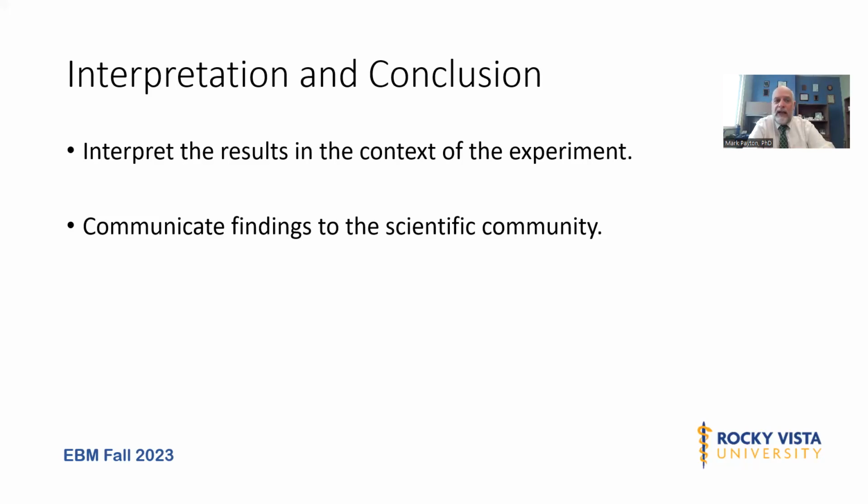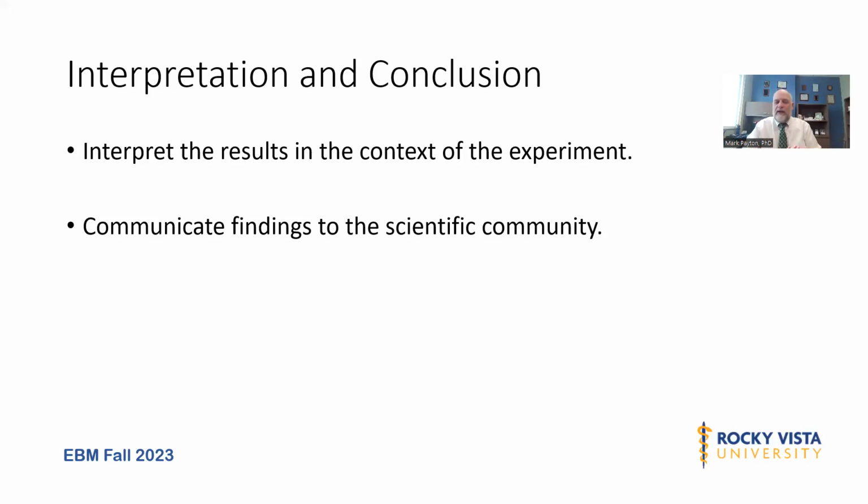All right, so then we have the interpretation and conclusion. And so we would interpret the results in the context of the experiment and communicate findings to the scientific community. All right, so again, the results in the context of the experiment. You always want to do that.